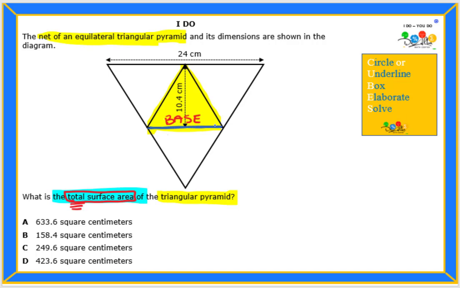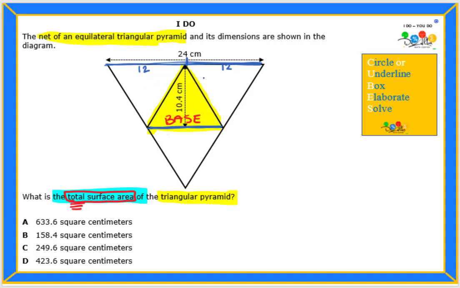And what I notice is that from the base of the net right here, the side length of the net is 24. And that 24 is the distance across two bases of those triangles. So that would give 12 for this one and 12 for this one.